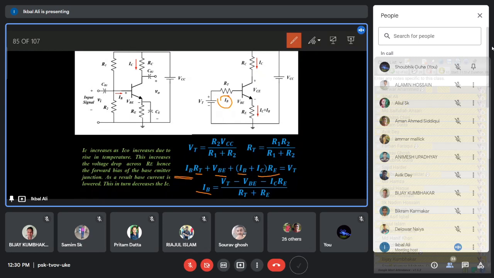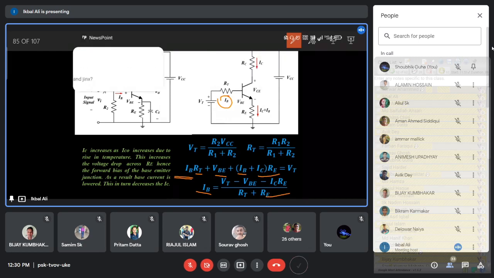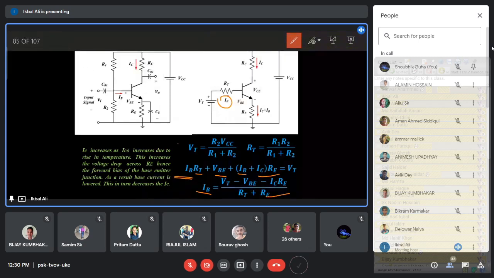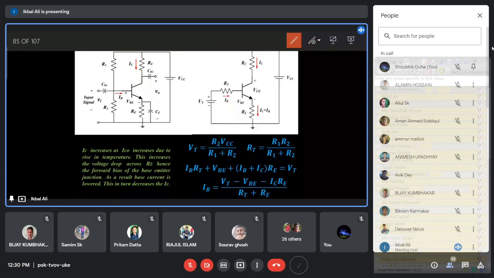So RT plus RE goes to the denominator. That is the equation from which you can solve for the IB current. So this is the equation for IB.